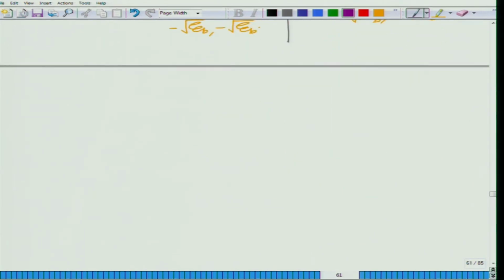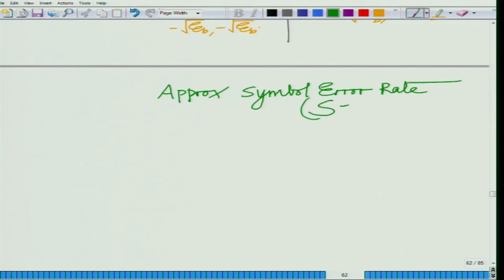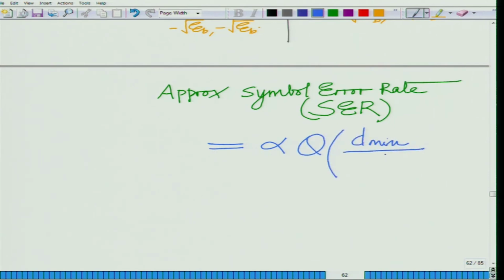And we can formulate an approximate expression for the symbol error rate, not the bit error rate. The symbol error rate is often abbreviated as SER, just as bit error rate is abbreviated as BER. This is equal to, and this is an interesting expression, alpha, the number of nearest neighbors, times Q of d min, the distance to the nearest neighbor, divided by the square root of twice N0.